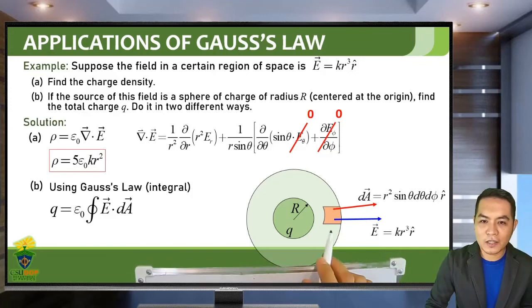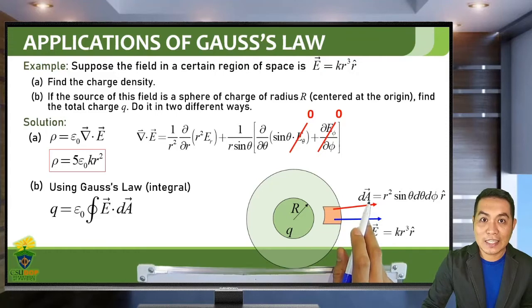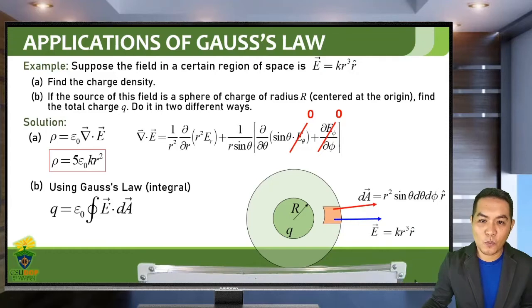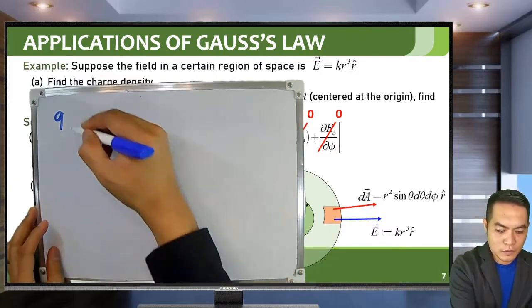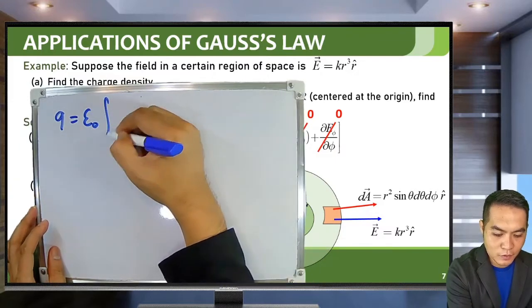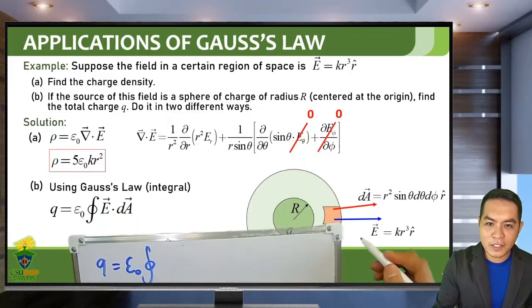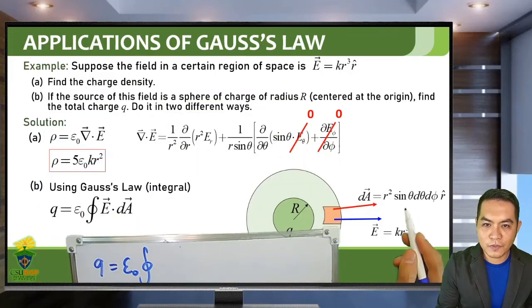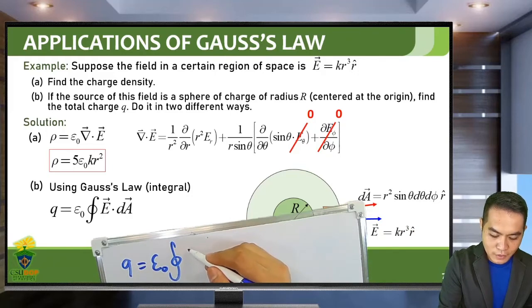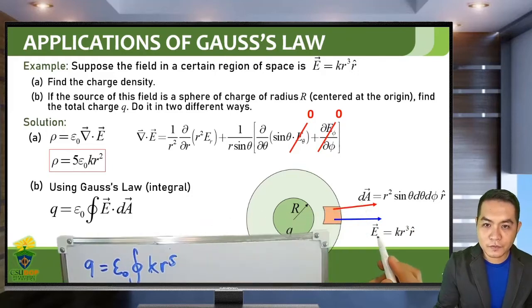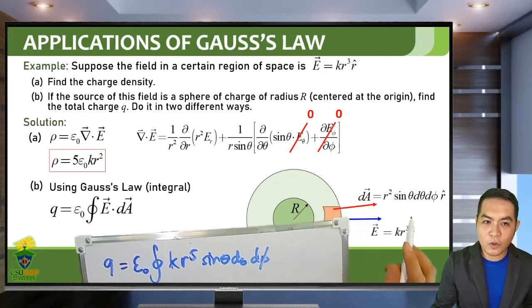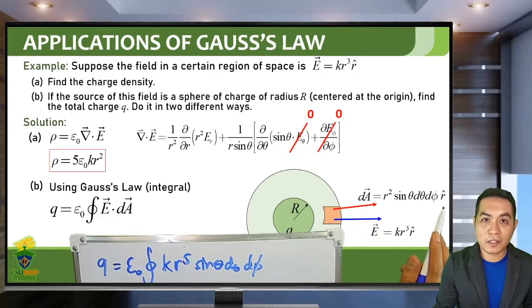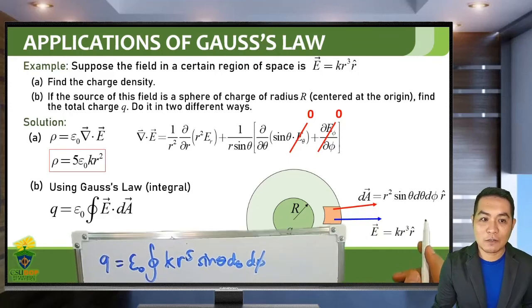If you dot these two vectors, E dot dA, then r hat dot r hat is just equal to 1, and you are left with Q equal to epsilon naught closed integral of k r cubed times r squared, so you have k r to the fifth, sine theta d theta d phi. There's no longer any direction because this is a dot product. The result is scalar. R hat dot r hat is 1.